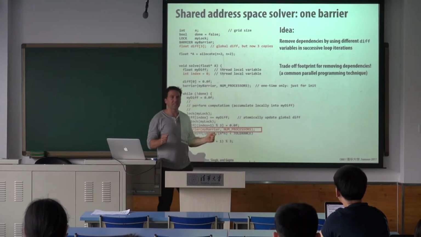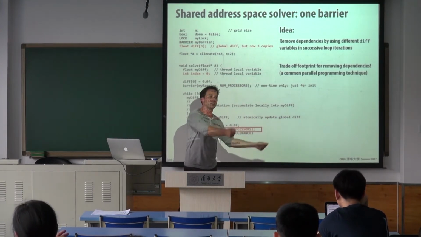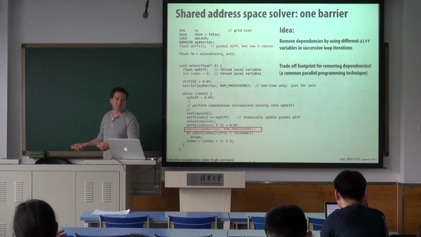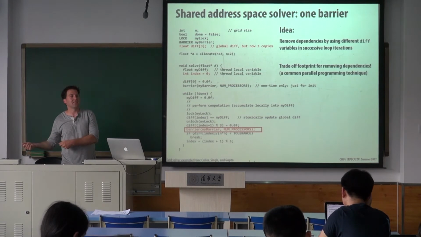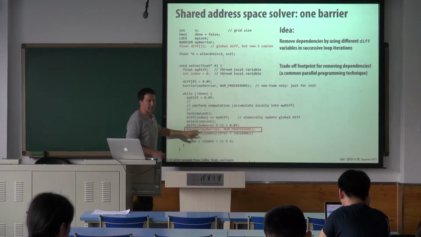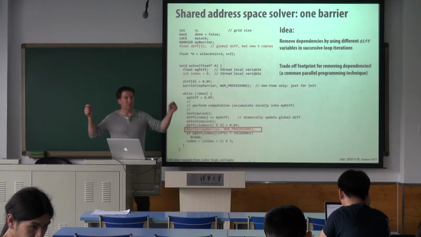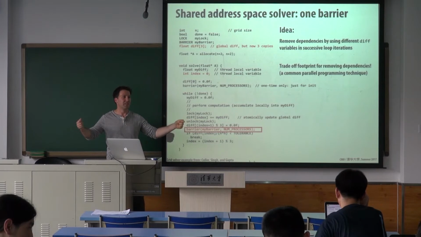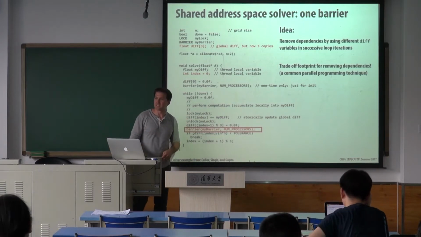So when in iteration i, the threads are looking at diff 0. In iteration i plus 1, the threads are adding into diff 1. So this is a common technique. If you have 2 people needing the same thing, just create 2 of them, and you can eliminate the synchronization.